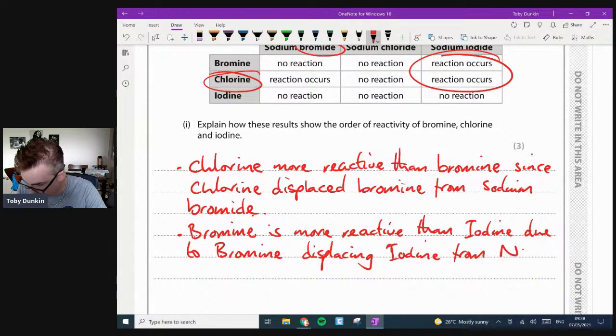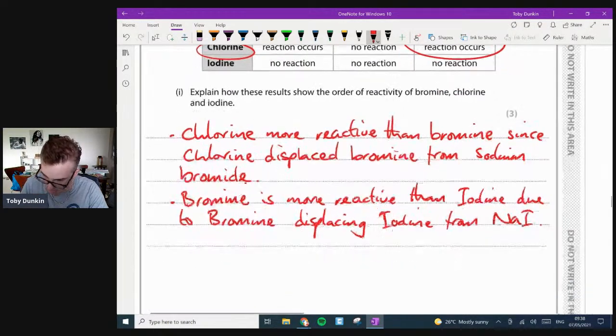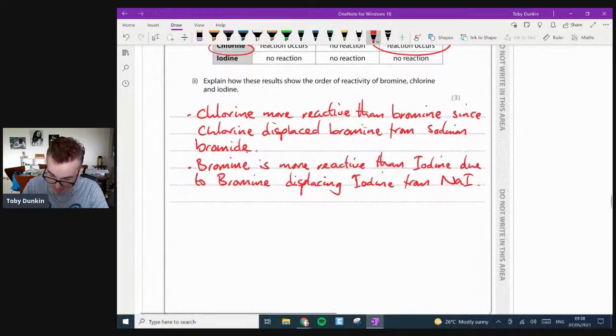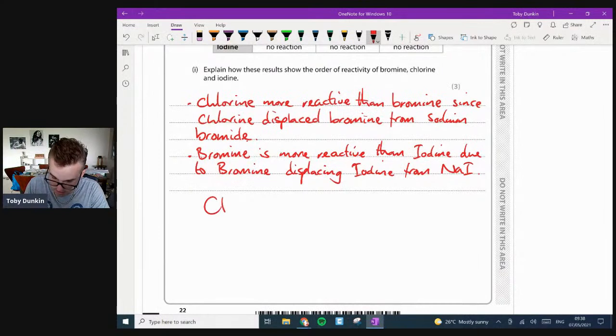Sodium iodide, NaI. Full stop. That pretty much covers it. So if chlorine is higher than bromine and bromine is higher than iodine, then therefore bromine must be in the middle. I'm tempted to give the order of reactivity. Chlorine, highest, yep. Chlorine, most reactive.